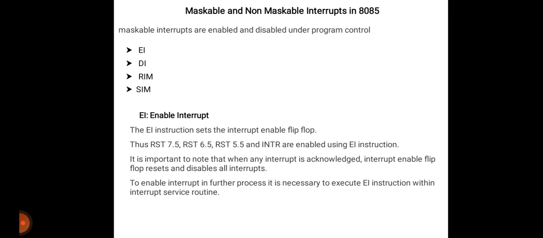It is important to note that when any interrupt is acknowledged, the interrupt enable flip-flop resets and disables all interrupts. To enable these interrupts in further processing, it is necessary to execute the enable interrupt instruction within the interrupt service routine. This is the function of enable interrupt.